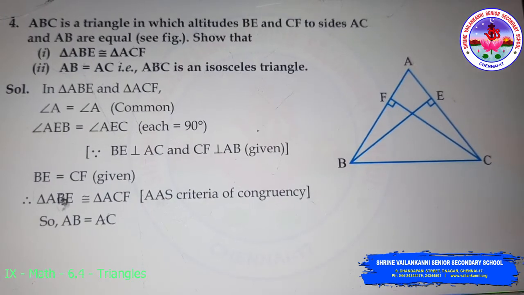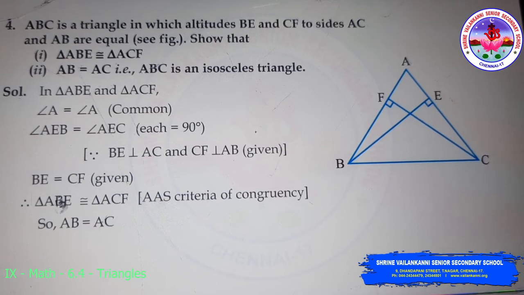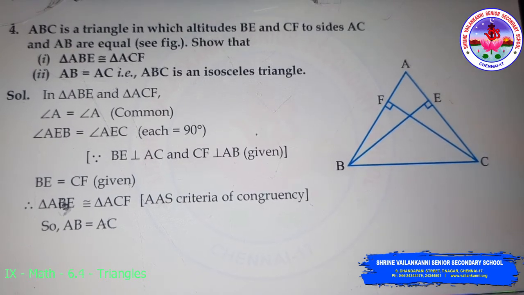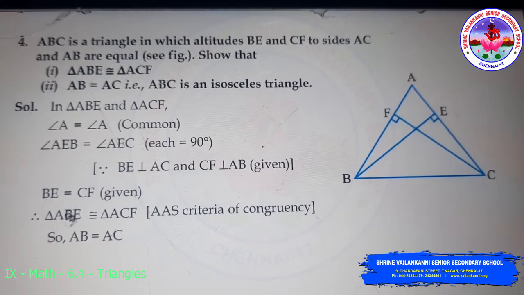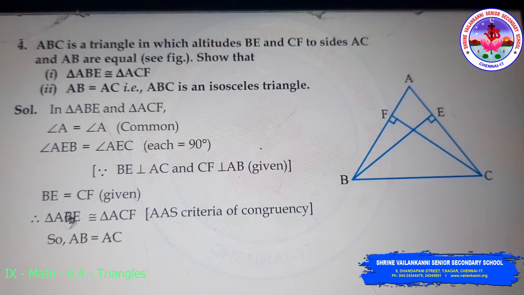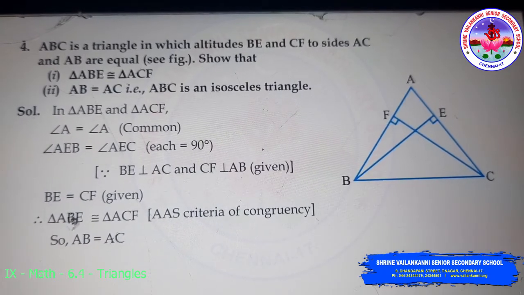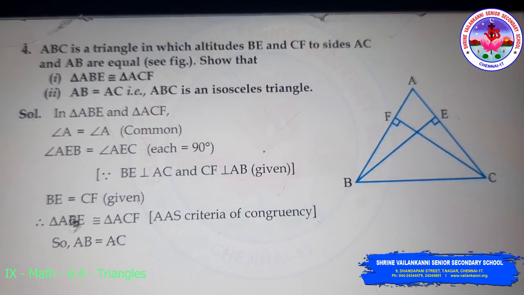Fourth problem: ABC is a triangle in which the altitudes BE and CF drawn to the sides AC and AB are equal. Show that triangle ABE is congruent to triangle ACF and AB is equal to AC, that is, ABC is an isosceles triangle.